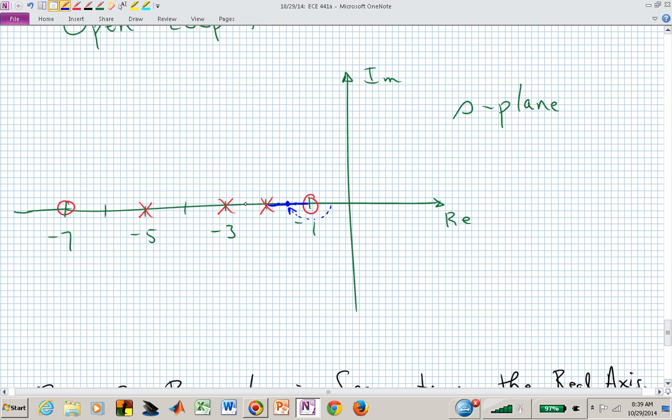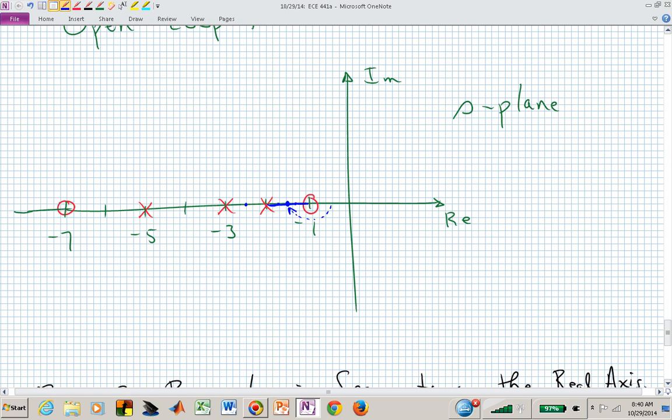What if we go here to -2.5 or -2.2? Do I have poles and zeros to the right of that point? Yes. How many? 2. Doesn't matter if they're a pole or a zero, you just count the number. It's 2. 2 is not odd, is it? So any point in between -2 and -3 in that piece of French bread is not on the root locus.